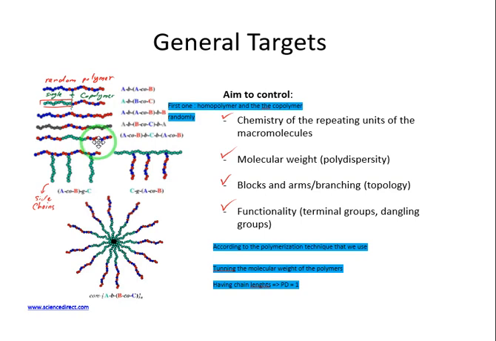And then we will continue with two other polymerization techniques named RAFT polymerization and ROP, ring opening polymerization, and also another technique, atom transfer radical polymerization, ATRP.